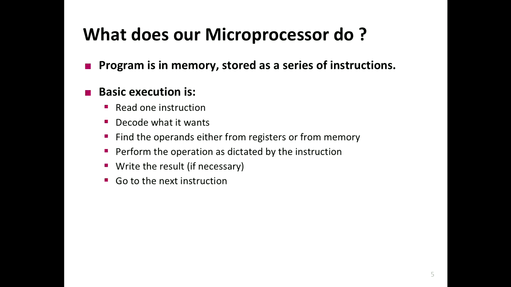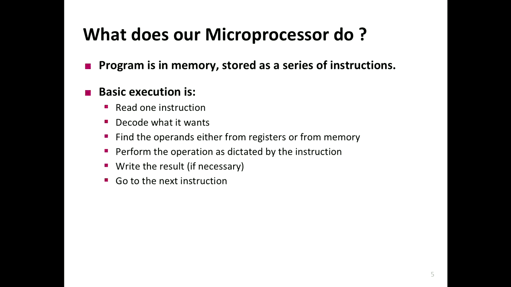Now we start from here. We start reading one instruction. We decode what the instruction has to do. Exactly as I mentioned, we find the operands, whether it's register or memory. I forgot to put memory here, so you find where you have to feed in the data.